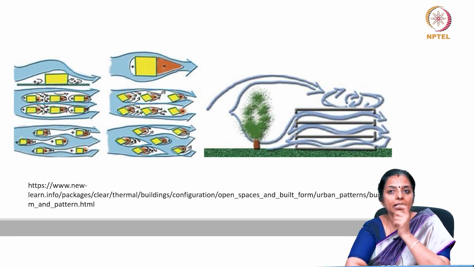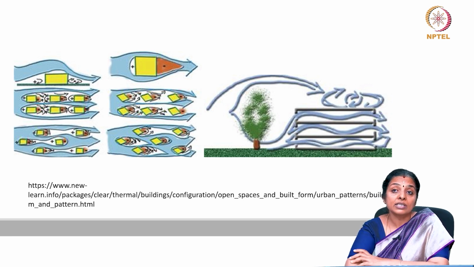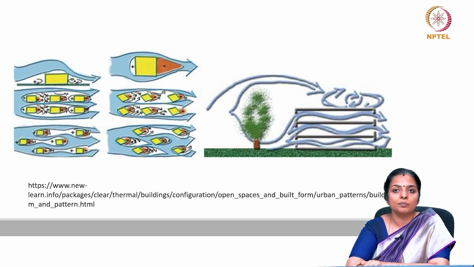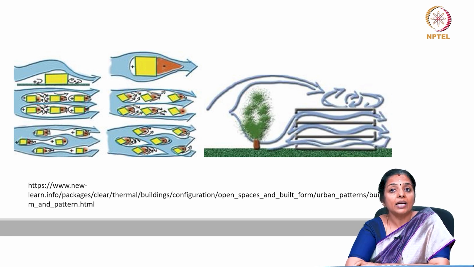On the other hand, when building blocks are placed parallel to the prevailing wind direction, the wind can blow through spaces between the buildings and along the streets with small retarding effect from the friction with the buildings.